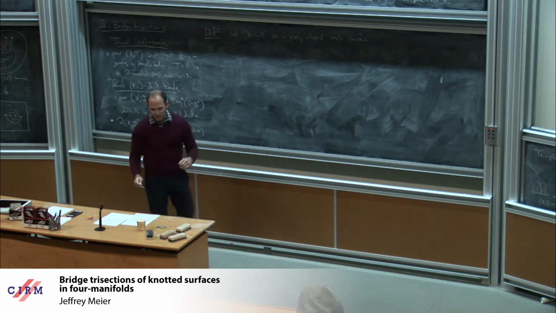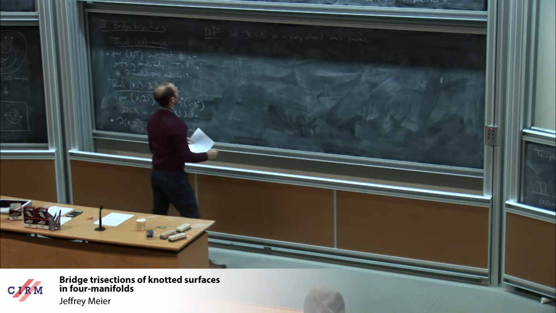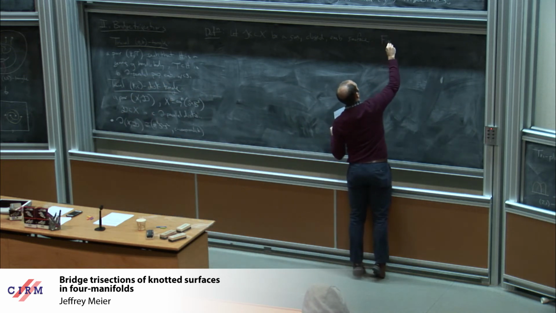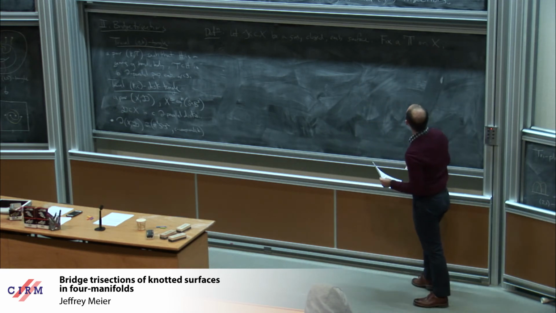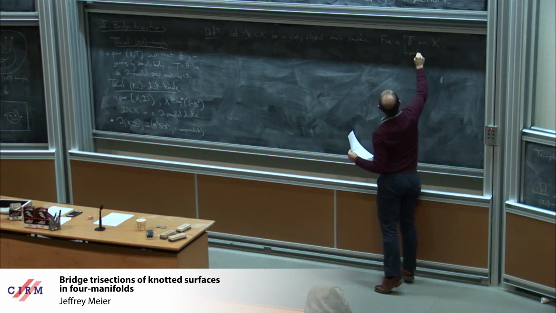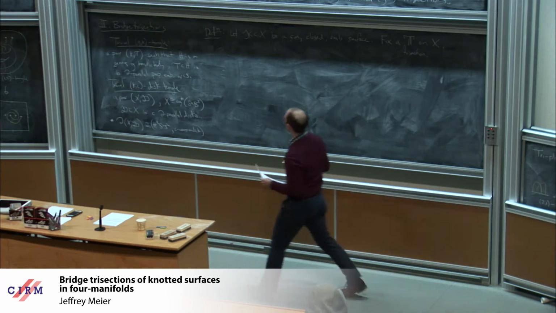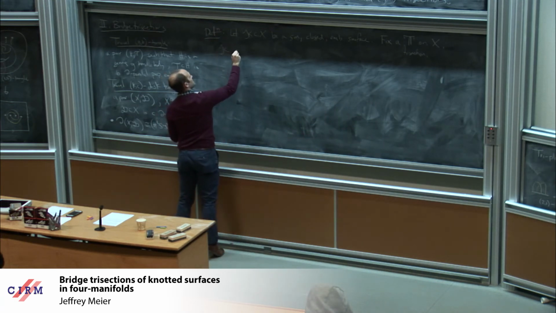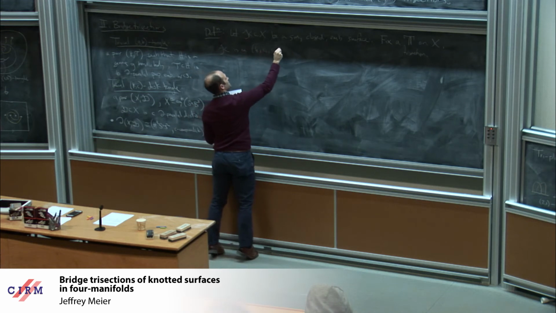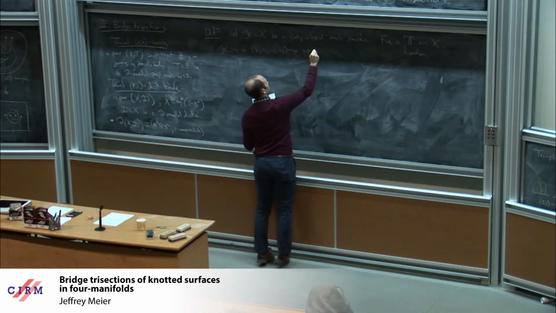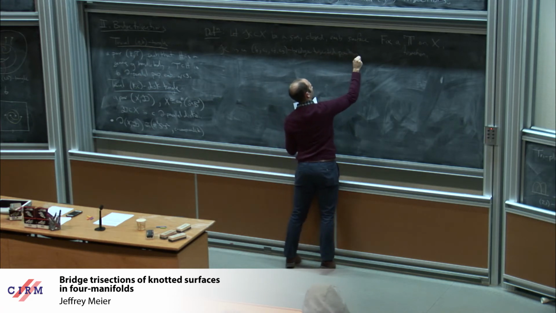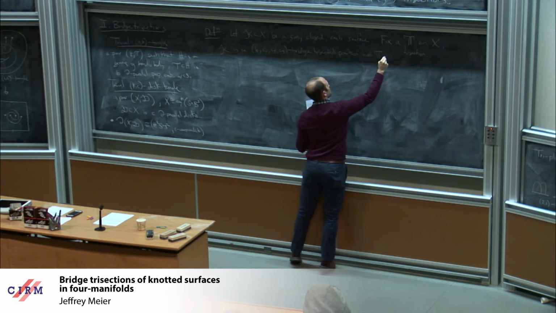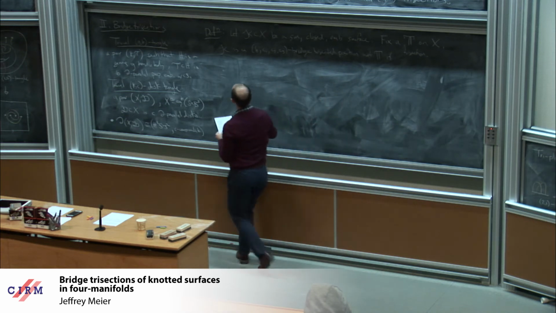Okay, so let me say this the way I want to say it. We can fix a trisection T on X. I didn't give trisections a name yet. Fix a trisection on X. So what can we do? Well, K is in (b; c1, c2, c3) bridge trisected position with respect to T if two things happen.